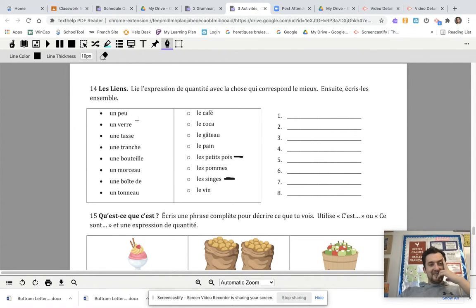Huh. Interesting. All right. Well, I can't figure out which one un peu goes with off the top of my head. Je veux un peu.